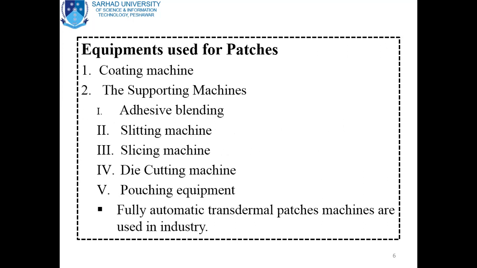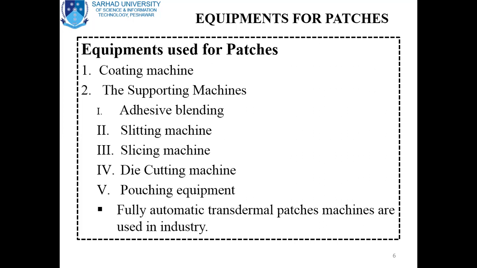There are different equipment used for the patches, but mostly the equipment consists of the following parts: coating machine and the supporting machines. The supporting machines include adhesive blending, slitting machine, slicing machine, die cutting machine, as well as the pouching machine.